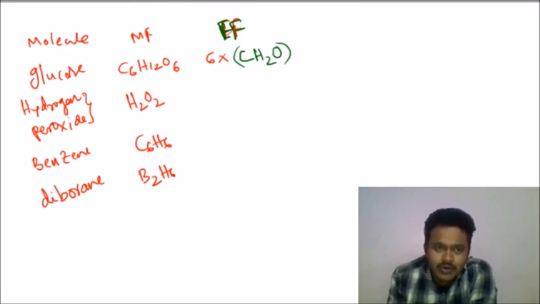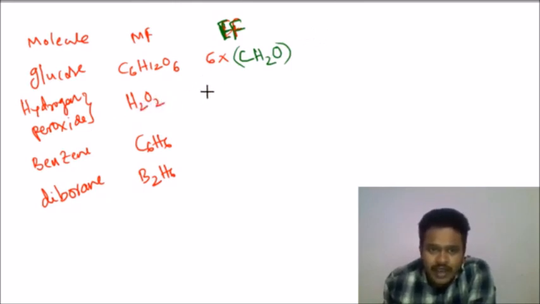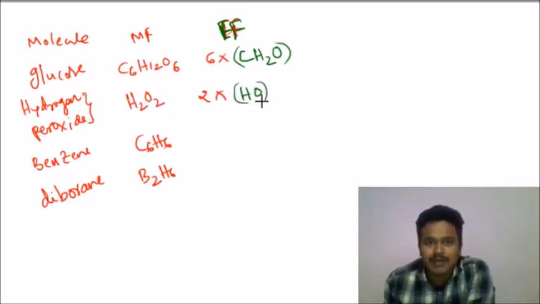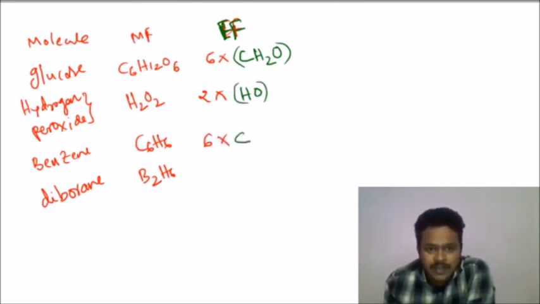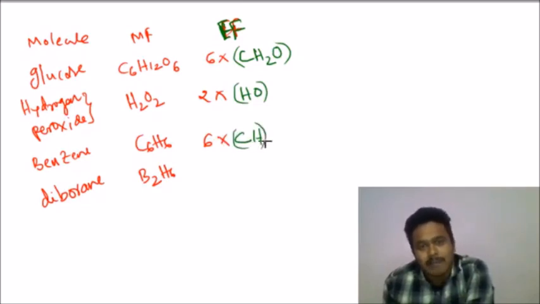Here H2O2. Here I can take 2 common, so what can we write? H and O. This is the empirical formula here. And benzene, the molecular formula, I can take 6 as common, so C and H, CH is the empirical formula.